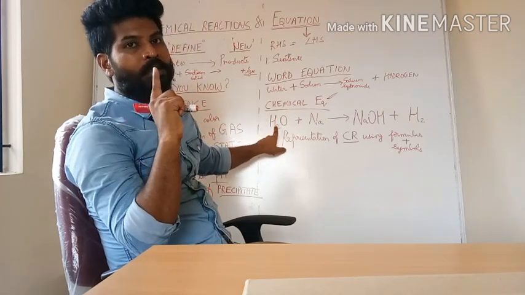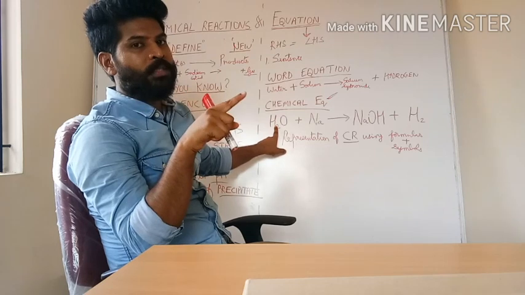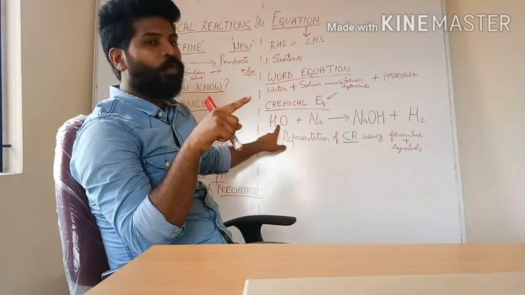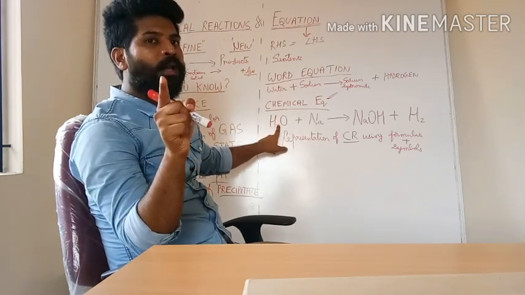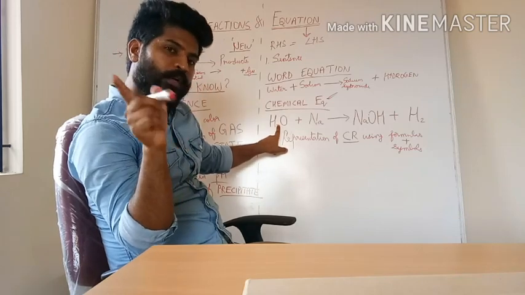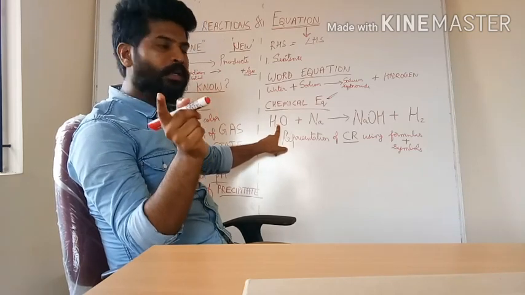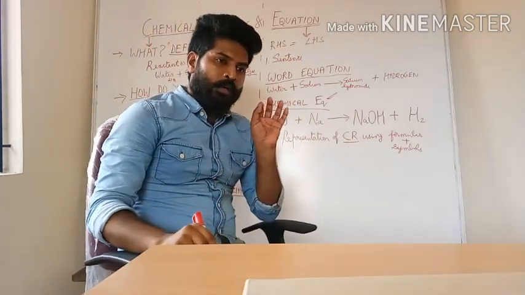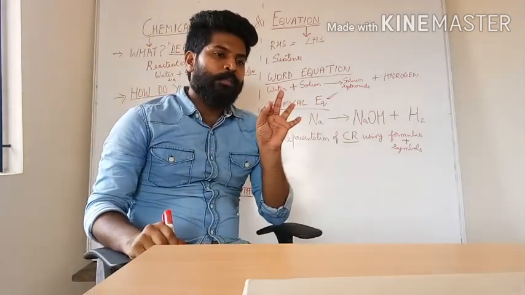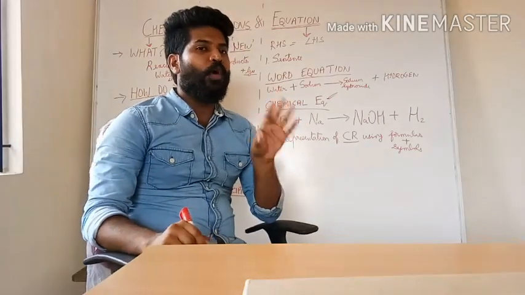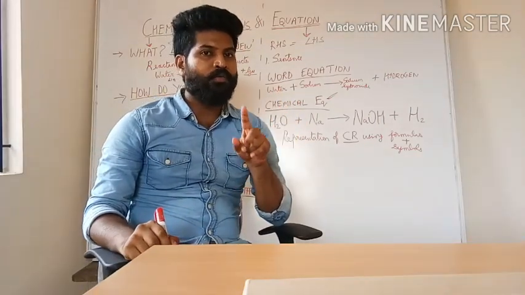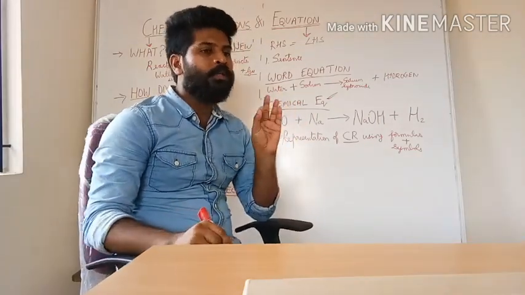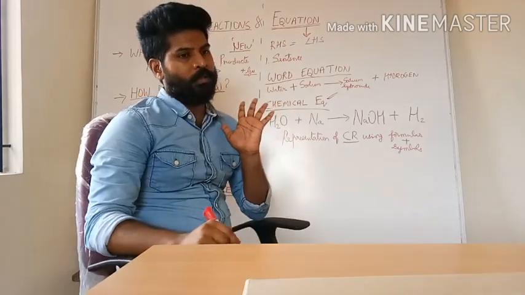Remember your chapter atoms and molecules. There you know how to write a chemical formula. So please refer to that if you have any doubts regarding how to write chemical formulas. The knowledge of proper chemical formulas is a must in order for you to write the correct chemical equation.